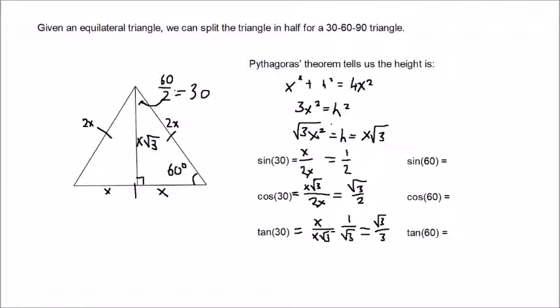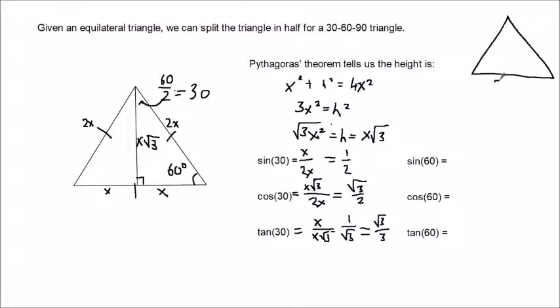Now we're going to go to our values for 60 degrees. We want to know what a 30, 60, 90 triangle will look like. So we have an equilateral triangle, and I'm going to draw one right here.